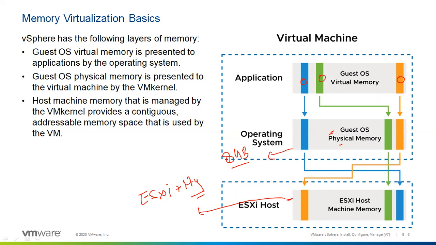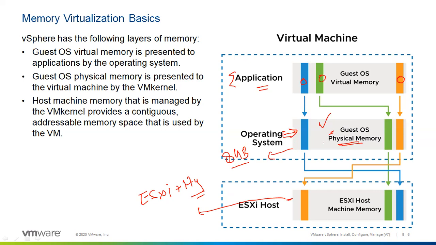Whatever applications are running inside the operating system, they identify my operating system only. So this is the memory that has been assigned. Whatever application requires memory, it will call its parent, the virtual machine where my operating system is running.